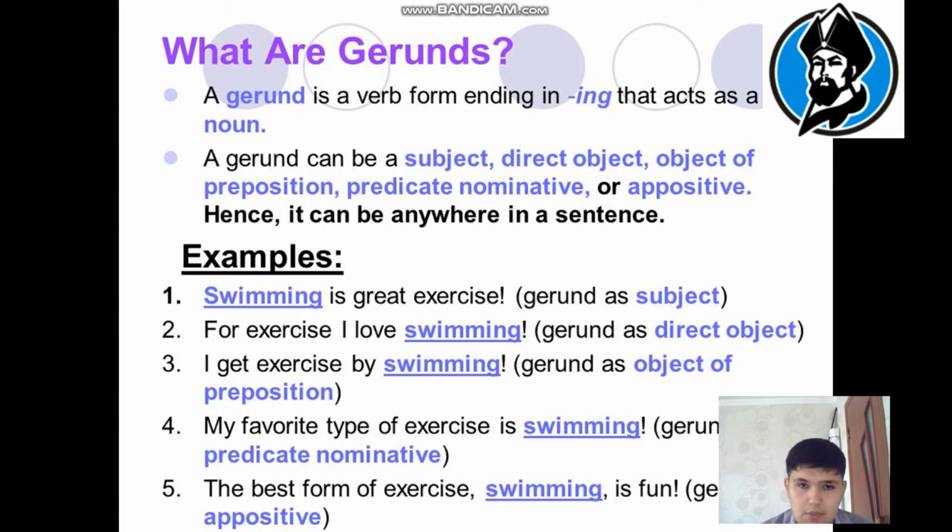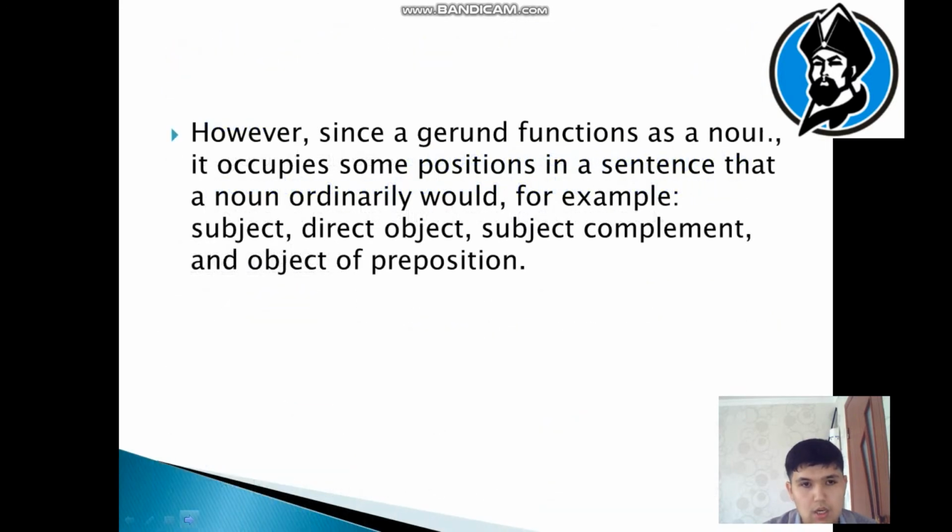Gerund can be subject, direct object, object of preposition, predicate nominative, or appositive. However, since the gerund functions as a noun, it occupies some position in a sentence that a noun ordinarily would. For example, subject, direct object, subject complement, and object of preposition.